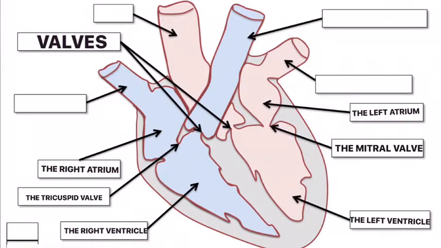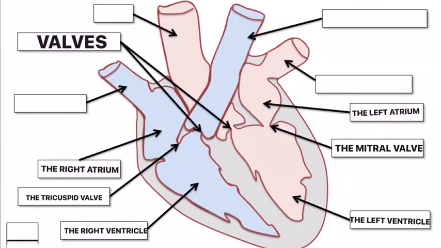There's still a very important part of the heart that we haven't looked at, and this is the valves. The valve's function is to prevent backflow of blood between chambers of the heart. On the right hand side, between the right atrium and right ventricle, we have the tricuspid valve, and on the left hand side, between the left atrium and left ventricle, we have the mitral valve, which is sometimes called the bicuspid valve.